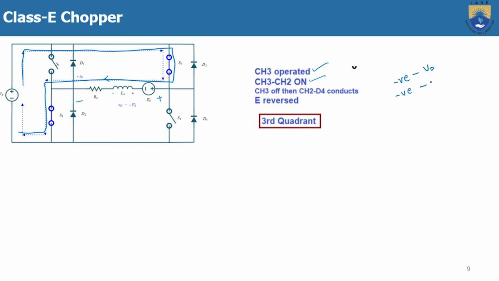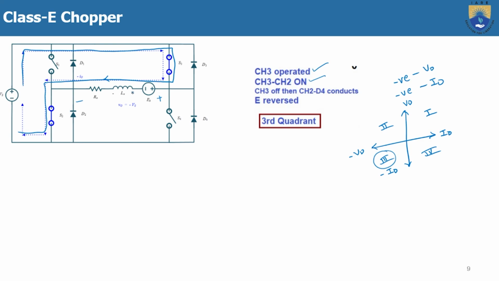Here this is I naught and this is V naught, and this is minus V naught and this is minus I naught. Here we consider the first quadrant, here the second, here the third, and here the fourth. So when switch S3 is operating, both current and voltage are negative, and that's why this is the third quadrant operation.